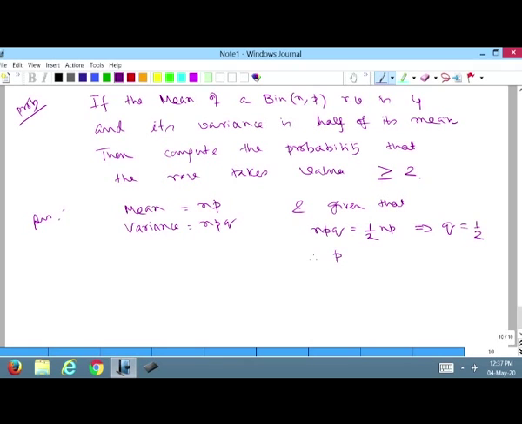Therefore, p is equal to half. Therefore, mean is equal to 4 implies n into half is equal to 4 implies n is equal to 8. Therefore, we can get the complete distribution that it is binomial 8, half.